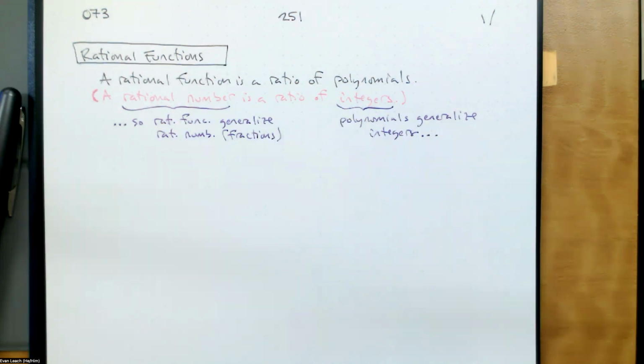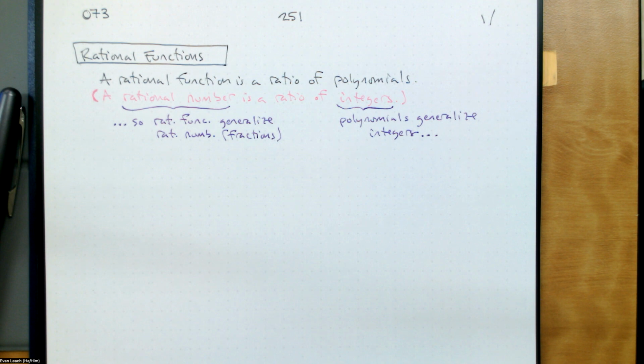What this means is that everything that we want to think about rational functions is something that we should be thinking about fractions. All the operations that we have with fractions are going to be operations that we have with rational functions.